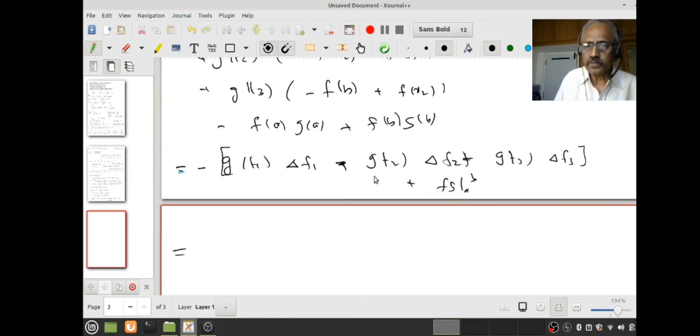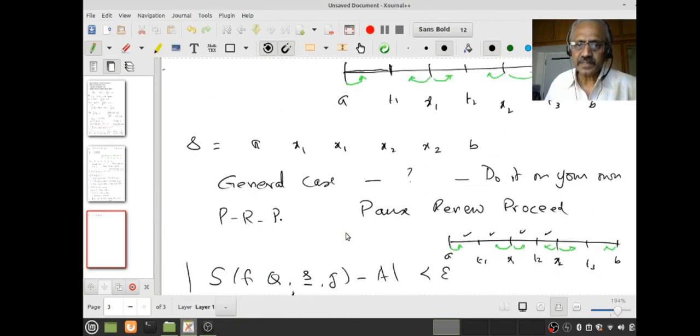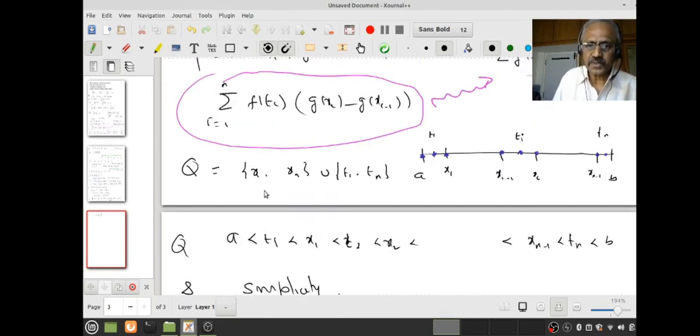What is this fellow? This fellow is minus of the Riemann sum of g with respect to what partition? The original partition p or whatever q. Remember I just call this q. The original, for every q this is true, right?